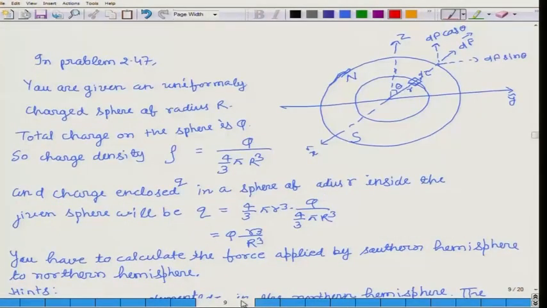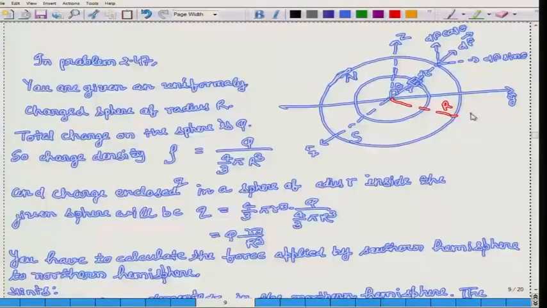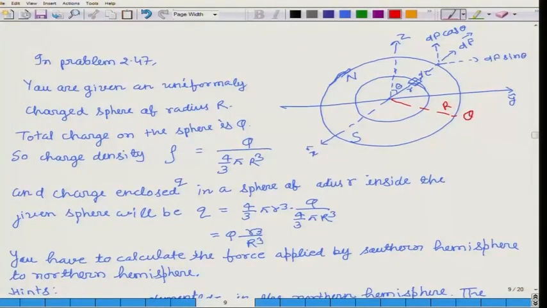And in problem number 2.47, you are given a uniformly charged sphere of radius r. So, this is your charged sphere of radius r. Total charge on this sphere is capital Q. So, the uniform charge density rho will be given by Q over 4 by 3 pi r cube.